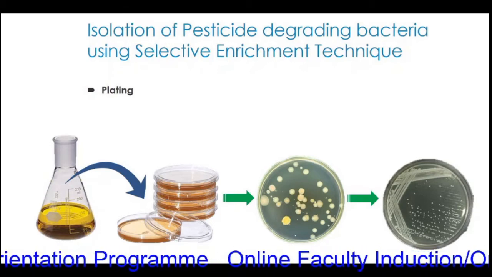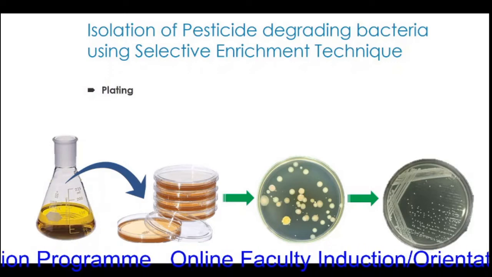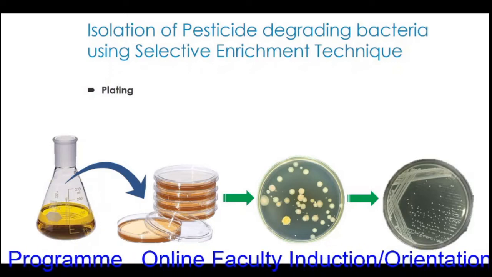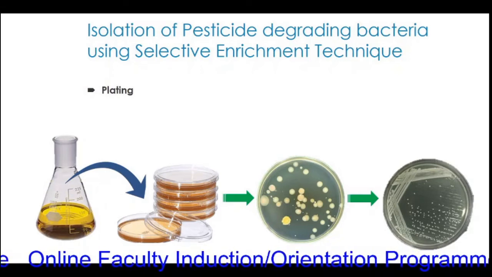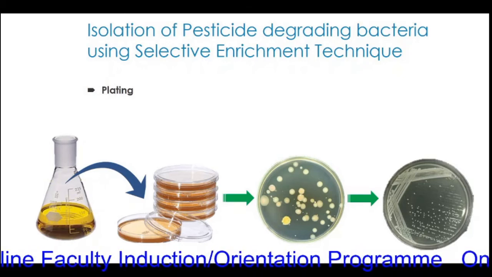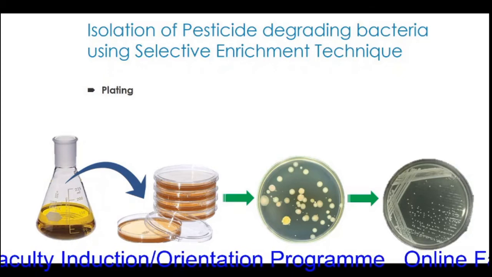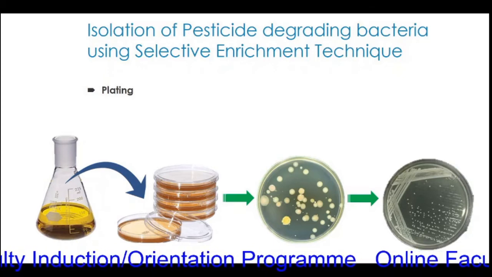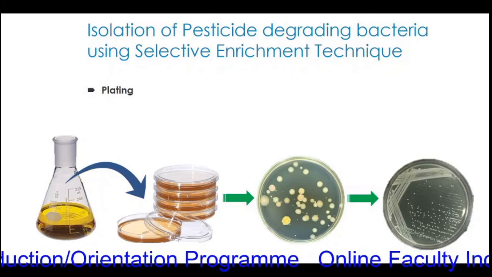The streaked plates are subjected to repeated subculturing until you get pure bacterial colonies. Thus, a bacterial species capable of utilizing or degrading pesticides can be isolated using the selective enrichment technique.